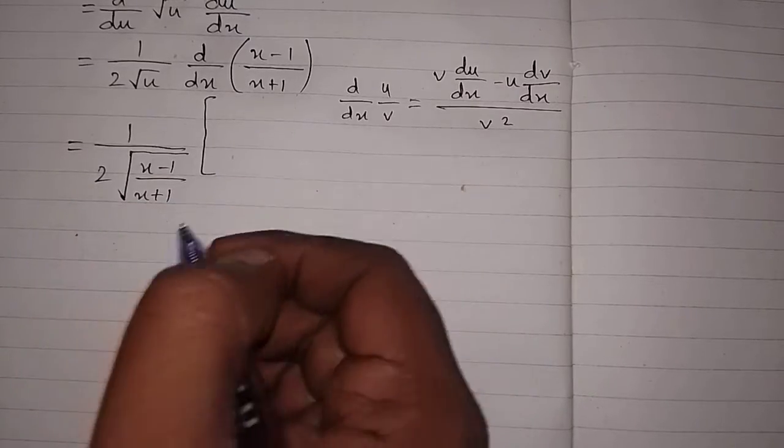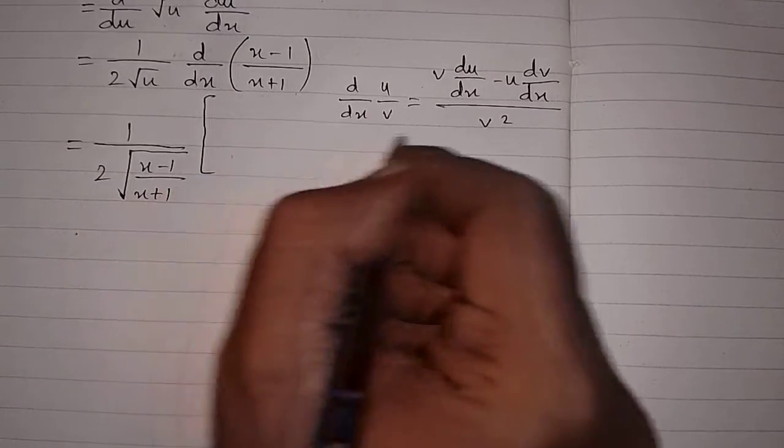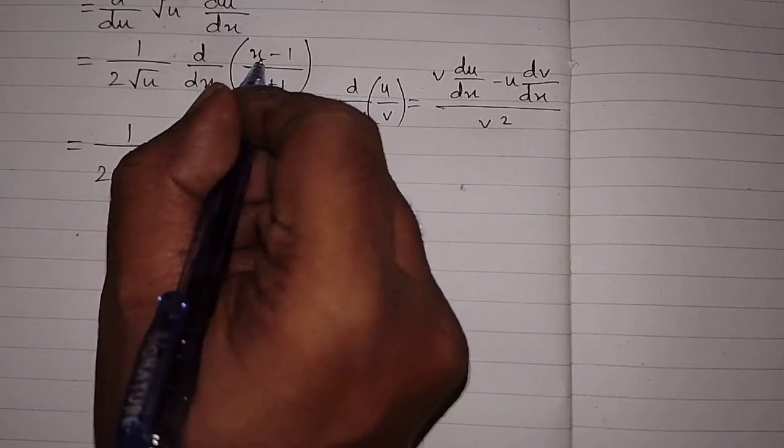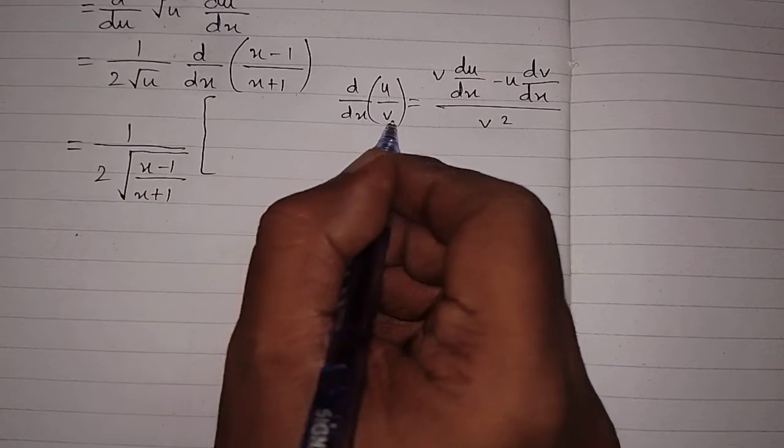So here we can apply this formula, and here we have x minus 1 in place of u and x plus 1 in place of v.